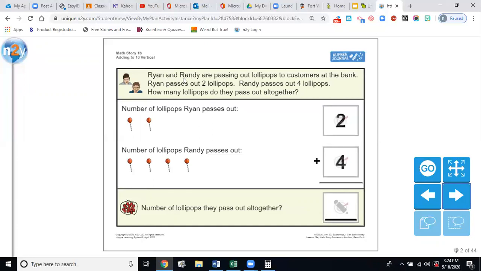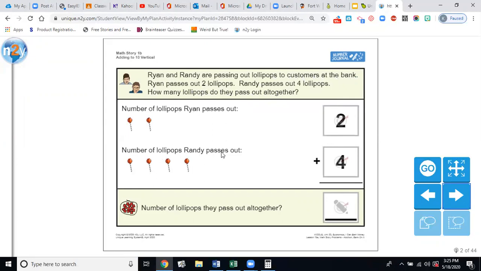Okay, Ryan and Randy are passing out lollipops to customers at the bank. Ryan passes out 2 lollipops. Randy passes out 4 lollipops. How many lollipops do they pass out all together? Okay, so Ryan, we're going to take his 2 lollipops. Number of lollipops Ryan passes out, 2.